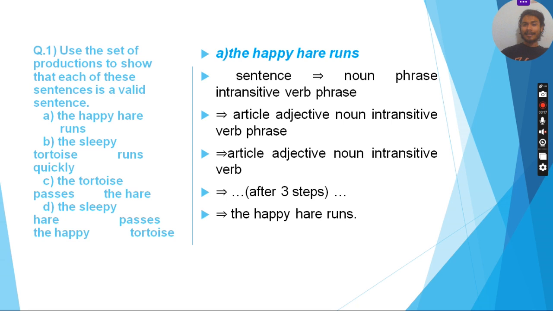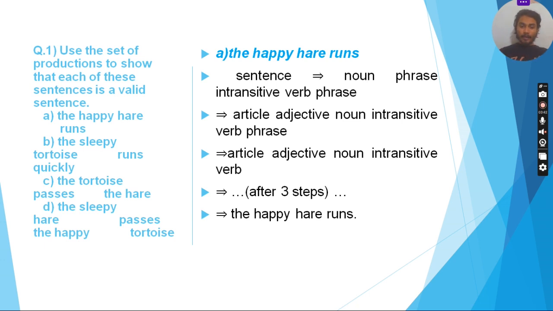A sentence consists of a noun phrase and an intransitive verb phrase. And another thing is article, adjective, noun, intransitive verb phrase. So there are three basic steps to go through, to check before concluding.